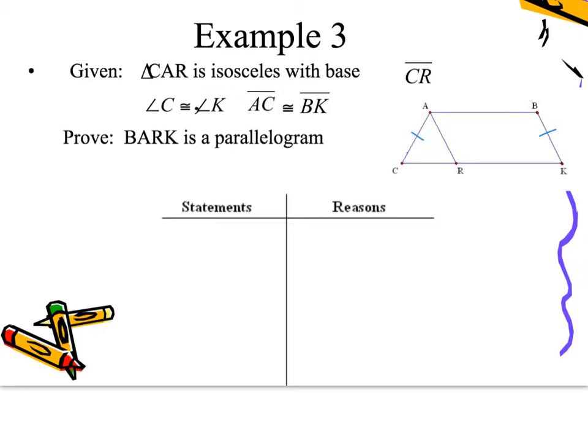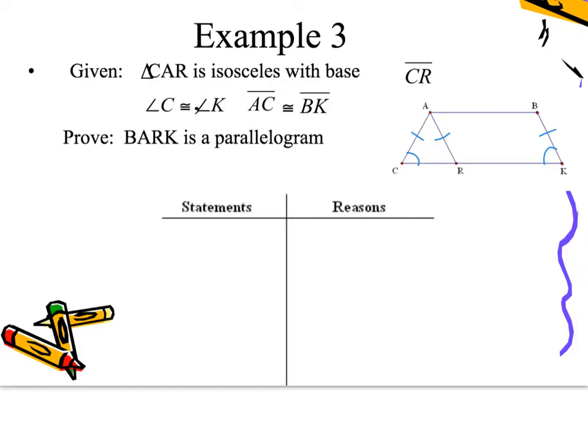I've got angle C and angle K. I also have that CAR is isosceles with base CR, which would mean that CA and RA are congruent. So what I'm seeing here now, because I only did one tick mark because that matches CA, I'm seeing that I could do maybe AR is congruent to BK, right? Either by substitution or transitive property would link those together. So I've got that in the back of my mind.